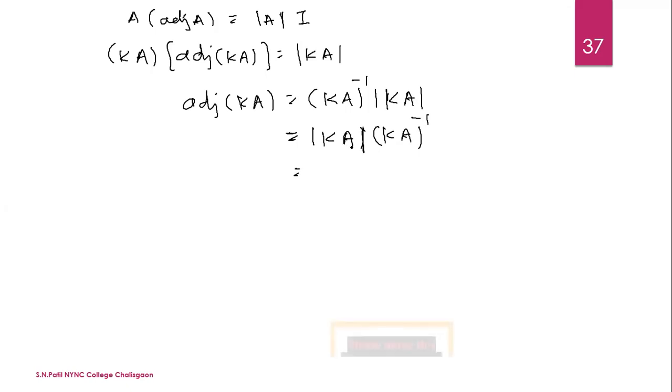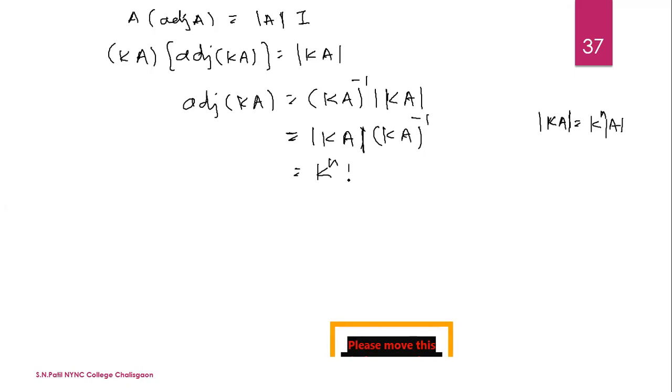The order of the determinant is n. If the order of A is n, then determinant of K into A can be written as K raised to n into determinant of A. K is a scalar number and this is A raised to minus 1.